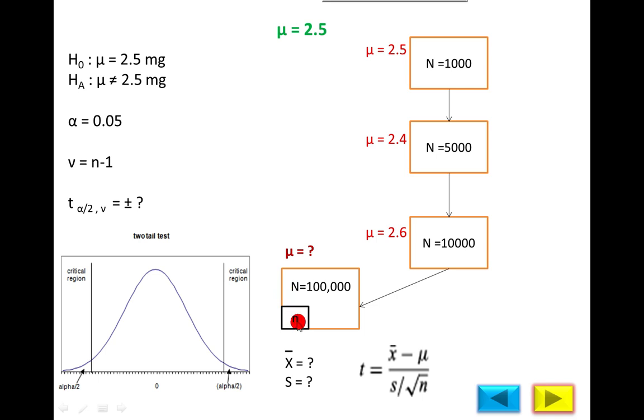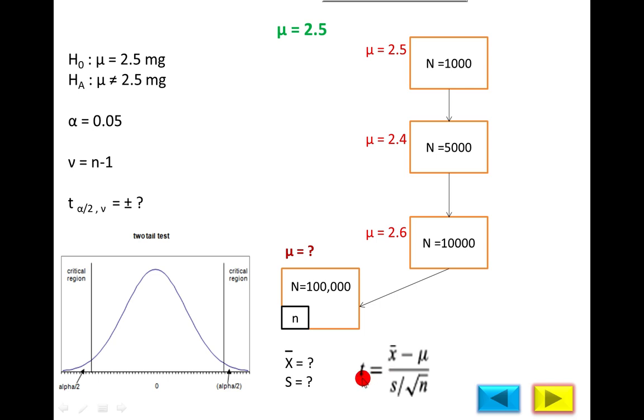Select a sample randomly and then calculate the average weight of the tablets, represented by x bar because it is the sample mean, and then calculate the standard deviation of the collected sample data: sample mean, sample standard deviation, and sample size.